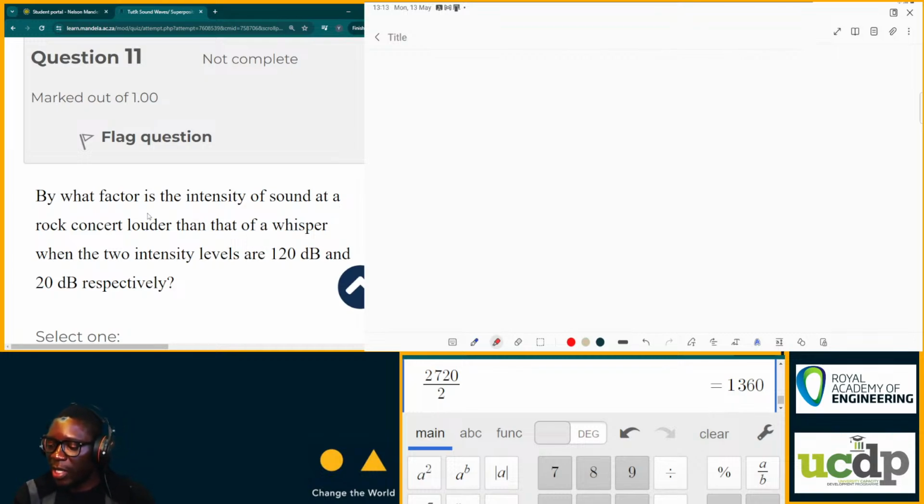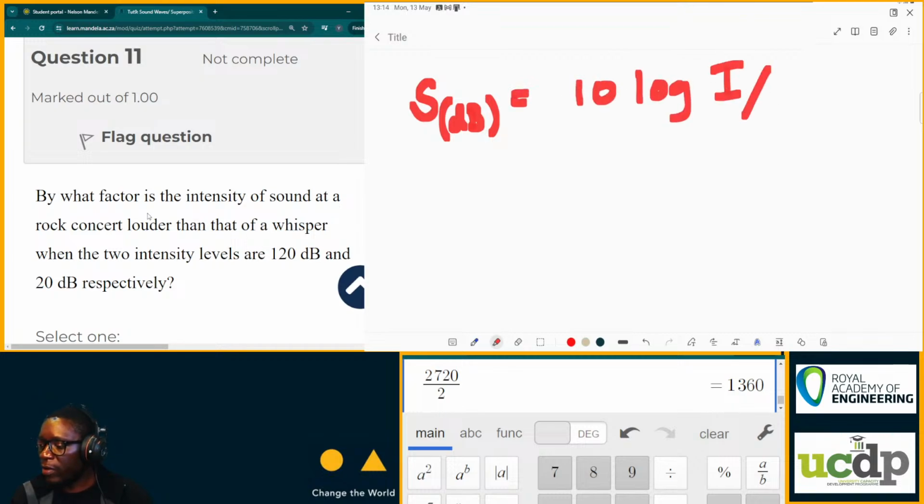So remember our formula for sound level in dB is 10 log I over I naught. I naught is the reference which is measured at the lowest audible level, which is 1 times 10 to the minus 12 watts.